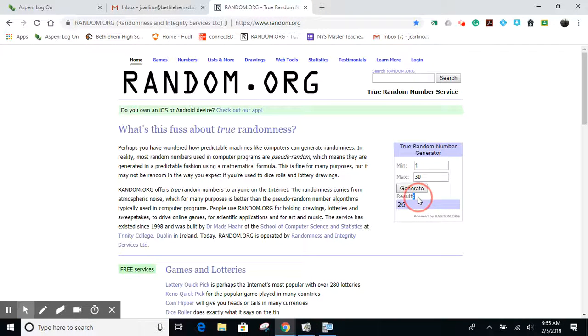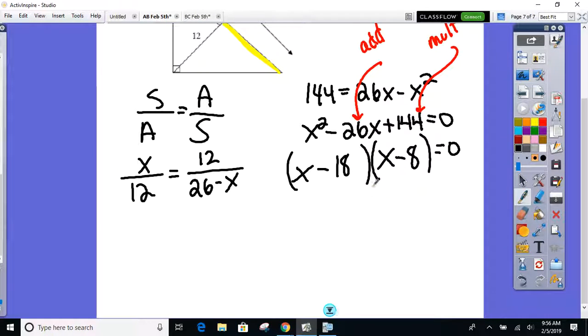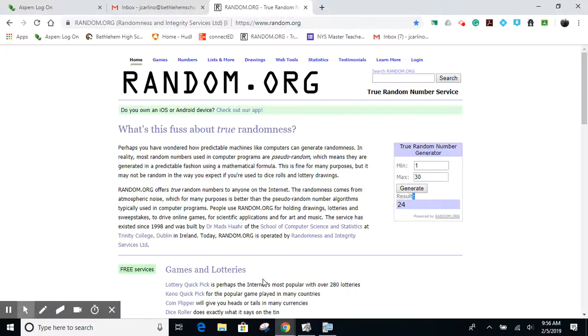What is it? Find those numbers. 28, we don't have one. 24, we have one. Good job. Negative 18 and negative 8. Your two answers come out to be... What are my two answers?